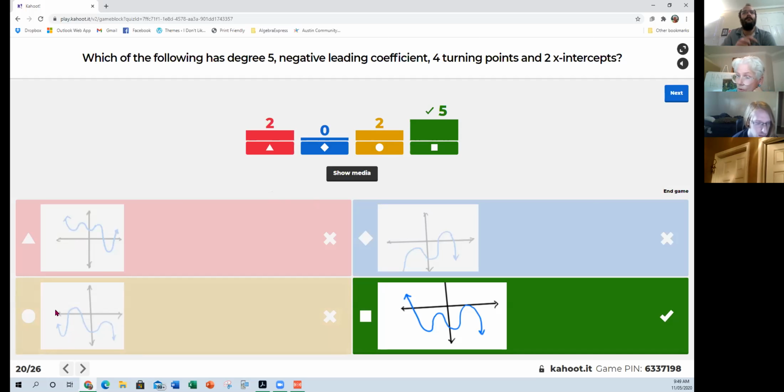So this would be 1, 2, 3. It would be crossing the x-axis 3 times. So that's why that one's not a good one. This one does cross the axis twice, but it's not negative because the very end is pointing up. So the only one that has 2 x-intercepts and is pointing down would be the green one.